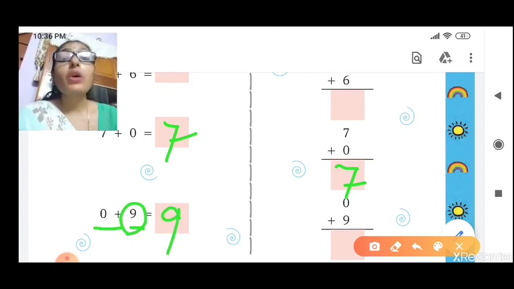When 0 is added with any number, or any number is added with 0, we will get the number itself as the answer.